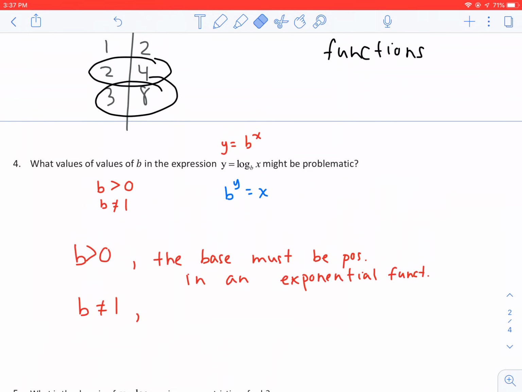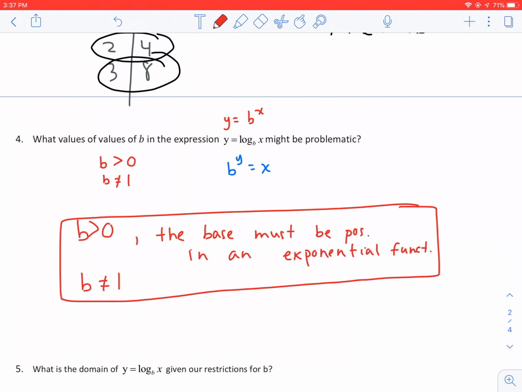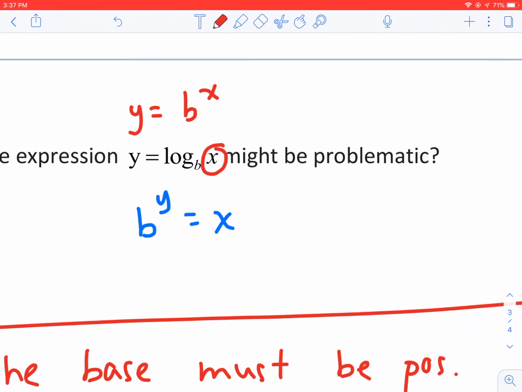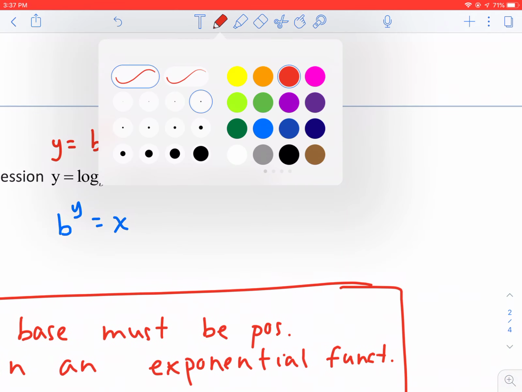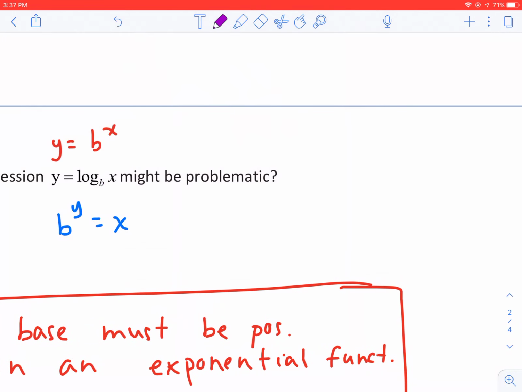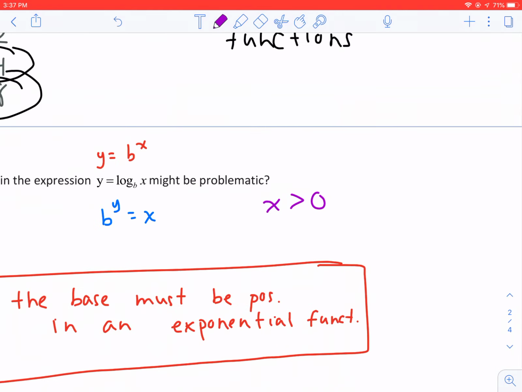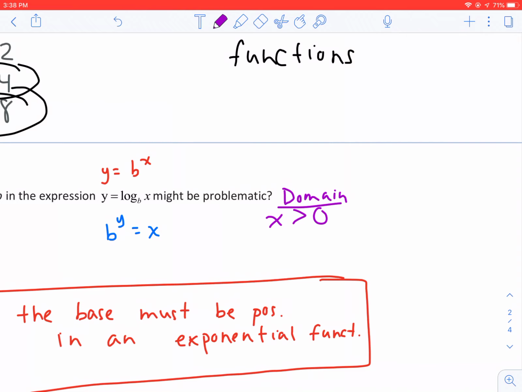Right, and lastly, I know this is only asking for values of b. But let's take a look at this x value also. Right, so this x value, that's our inputs, that's going to be our domain. But we also know x has to be greater than 0. Right, our domain. This is only valid for x values greater than 0.